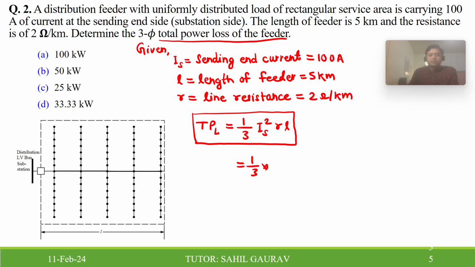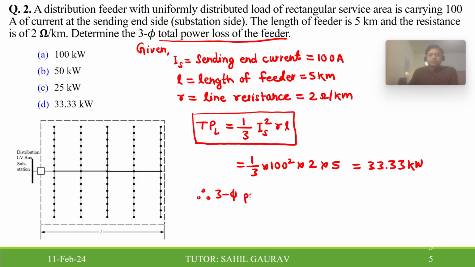So 1/3 of Is, which is 100, squared. R is given as 2 ohm per kilometer and L is given as 5. So you will get this value as 33.33 kilowatt.